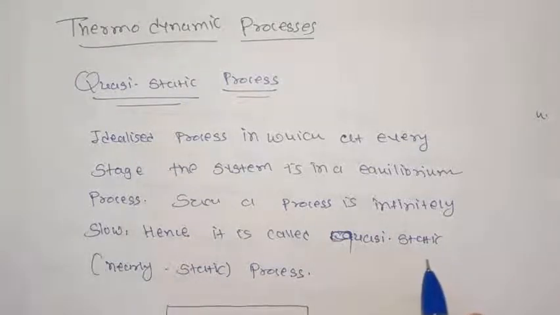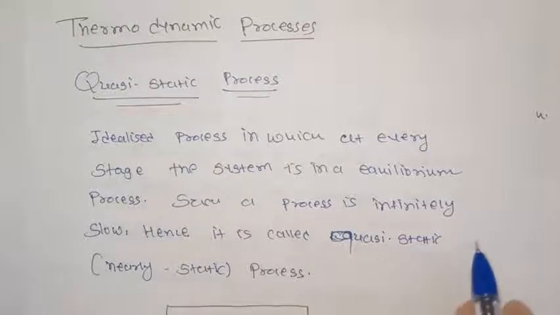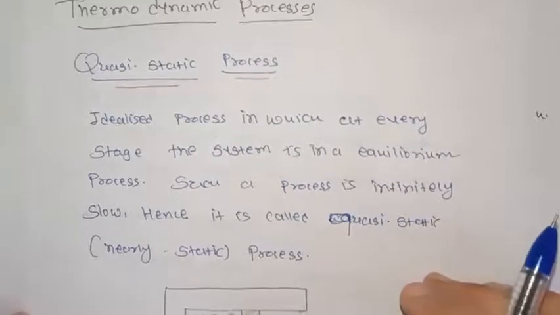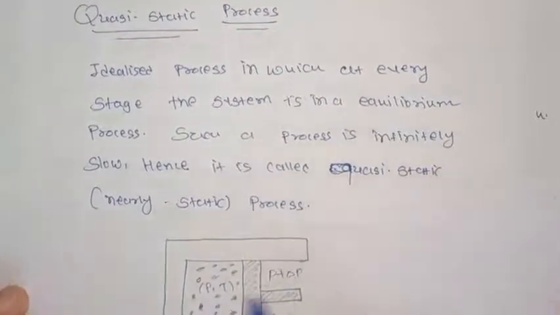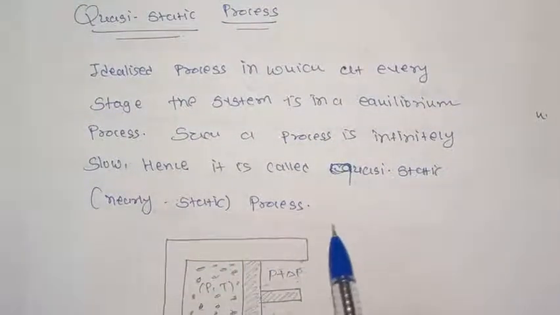Such a process is infinitely slow, hence it is called quasi-static. The meaning of quasi-static is nearly static because there is no temperature difference or no difference in state between two stages of the system. So it is called the quasi-static process.